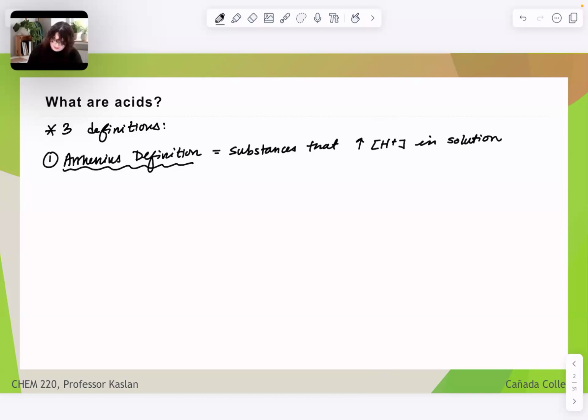So I like to think about the Arrhenius definition as what an acid is by itself alone.